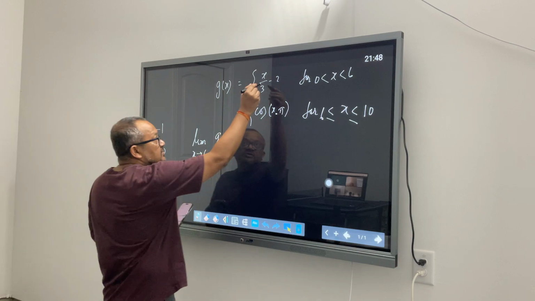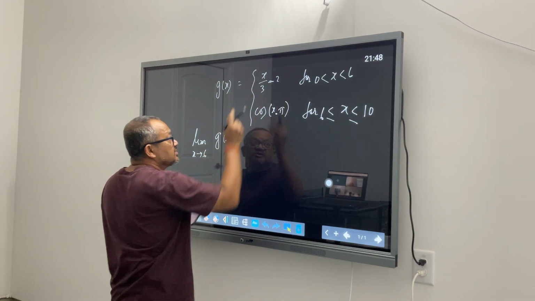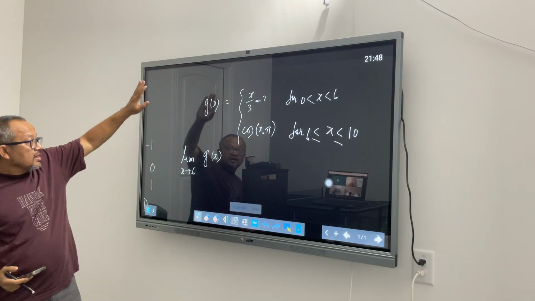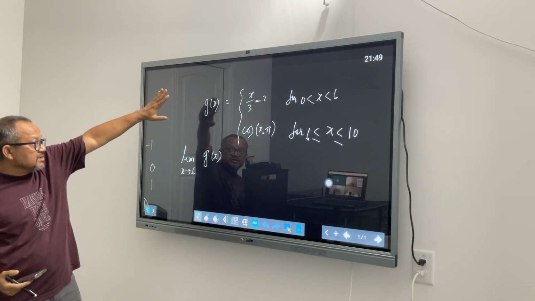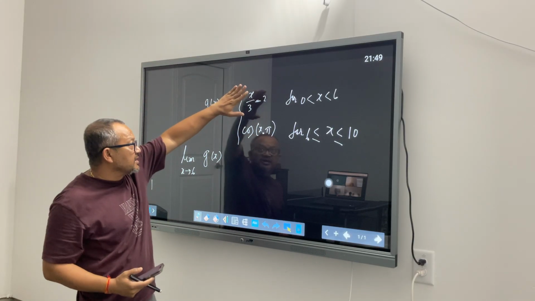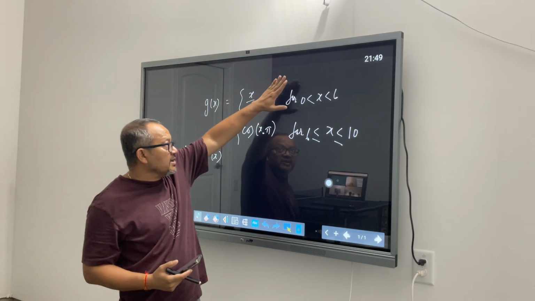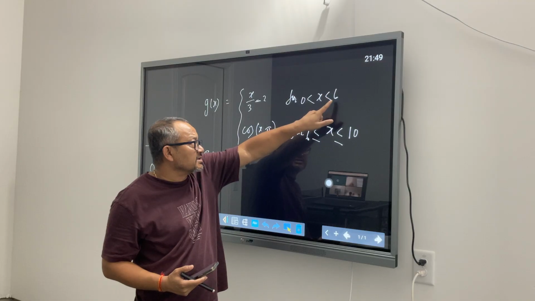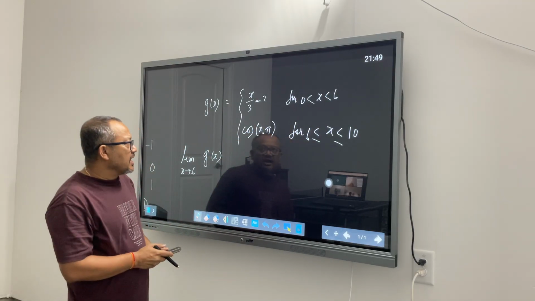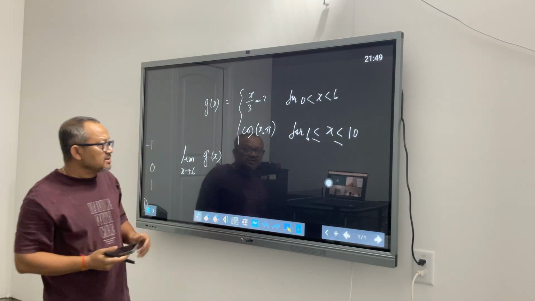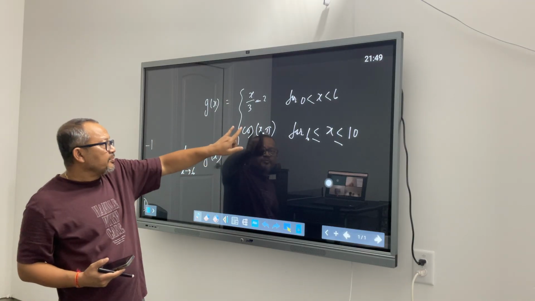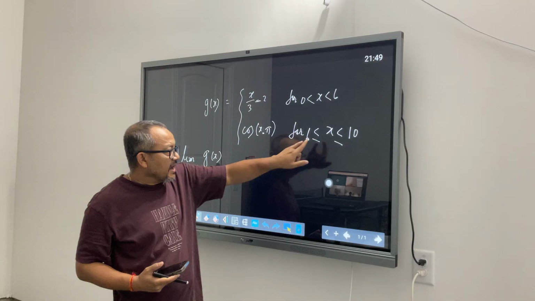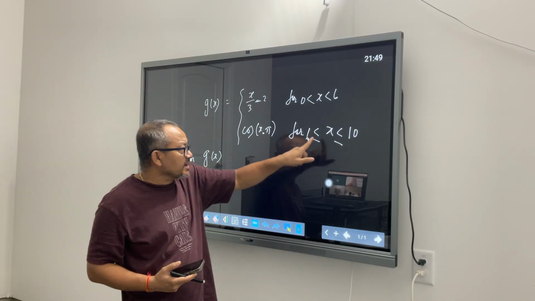So if you guys are having difficulty reading this question, let me make it a little bit bolder. The function definition is like this: g of x equals x by 3 minus 2 for any value of x when x is less than 6 and greater than 0. And the second part of the function is cos of pi times x for x less than or equal to 10 and greater than or equal to 6.